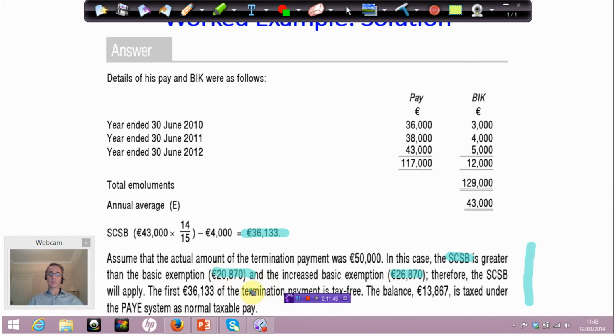Because the 36,133 is the highest amount, that's the amount that's tax-free. Therefore, the difference between the 36,133 and the £50,000 taxable payment is what will be taxed, and that makes it 13,867.